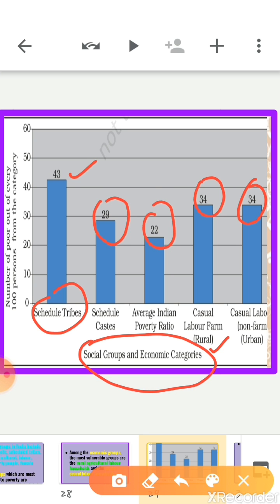The double disadvantage of being a landless casual wage labor household among the socially disadvantaged groups, the scheduled castes or scheduled tribes, highlights the seriousness of the problem. Some recent studies have shown that, except for the SC households, all the other three groups, that is ST, rural agricultural laborers, and urban casual laborers households, have seen a decline in poverty in the 1990s.